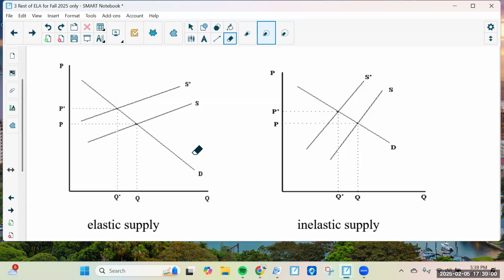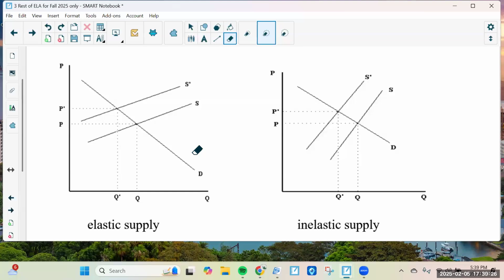But as we get closer, let's say the 2025s are out right now. As we get closer to the release date of the 2026s, suddenly nobody wants a 2025 anymore. So they become more desperate to sell those 2025s. So what happens is that supply curve starts to shift over time from the graph on the left here, where it's fairly elastic, to the graph on the right, where it becomes more inelastic.